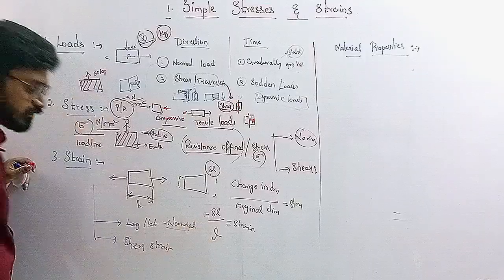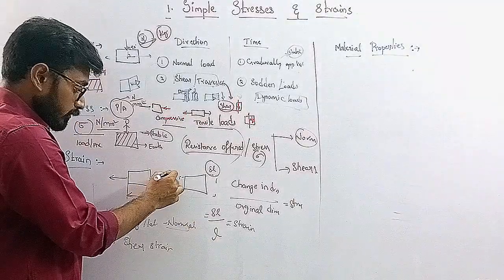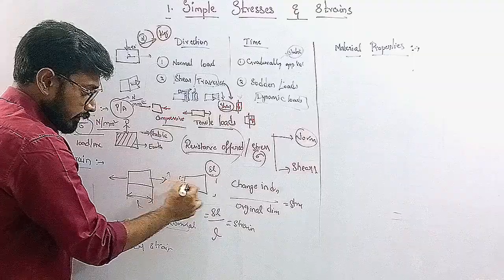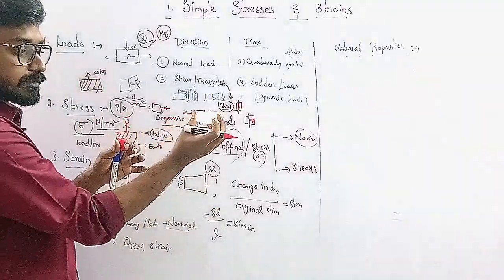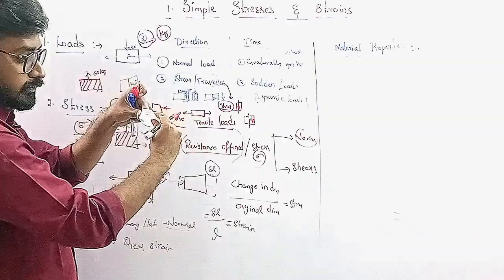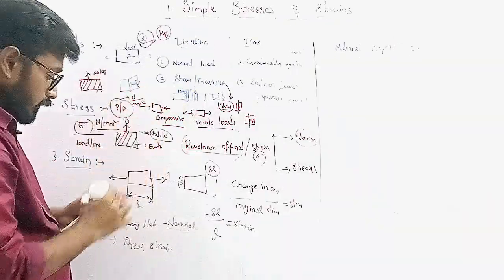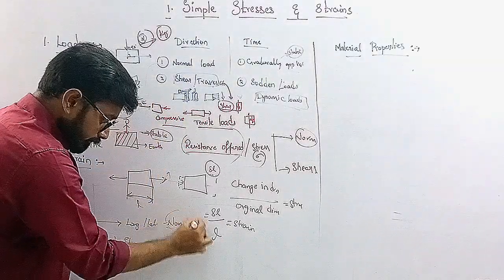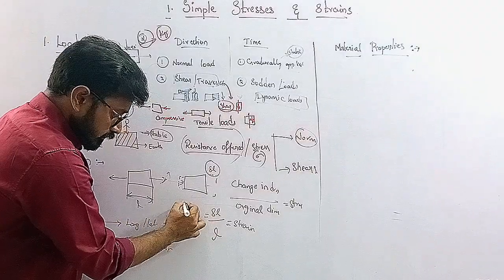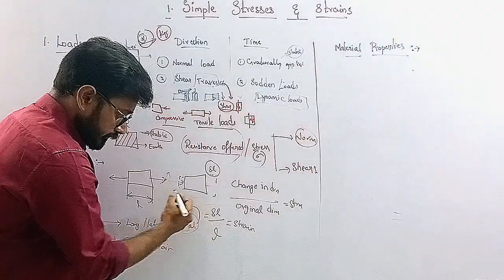So what is this normal strain? Normal strain means the normal load acted upon it. So this is a normal load, right? It may be tensile or sometimes it may be compressive. So it is also classified as normal strain. Okay.